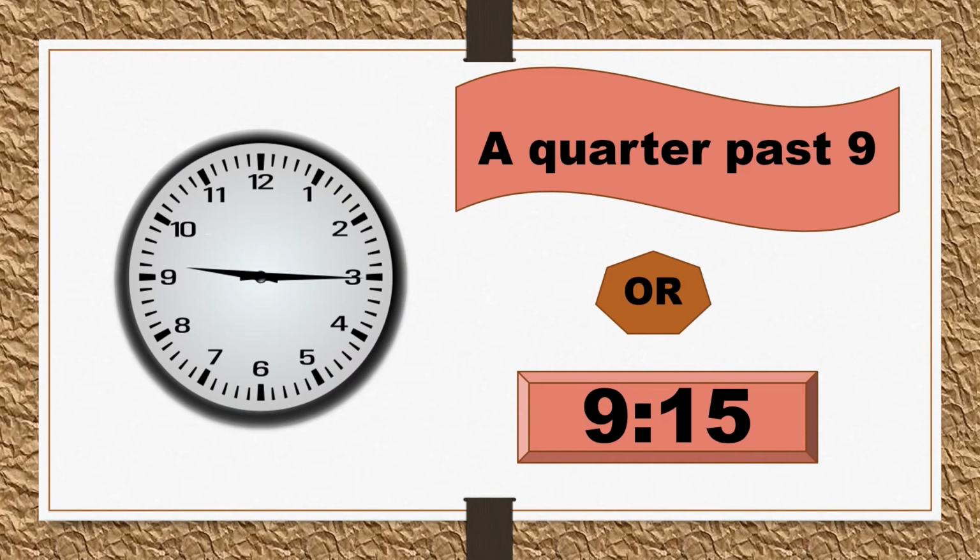Children, in this clock, the hour hand is a little after 9 and the minute hand is pointing to the number 3. So, we say that the time is a quarter past 9. We write it as a quarter past 9 or as 9:15.